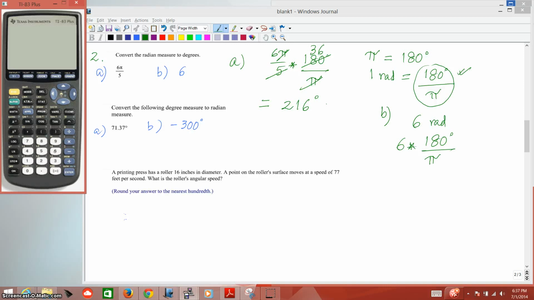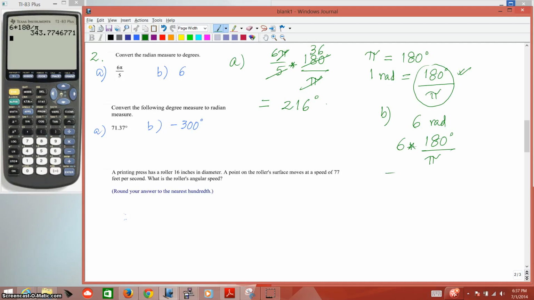6 times, be patient just to show you the steps. I'm going to do 6 times 180 degrees divided by pi, and I take the calculator value, and it does come out to be 343.7746771 degrees.